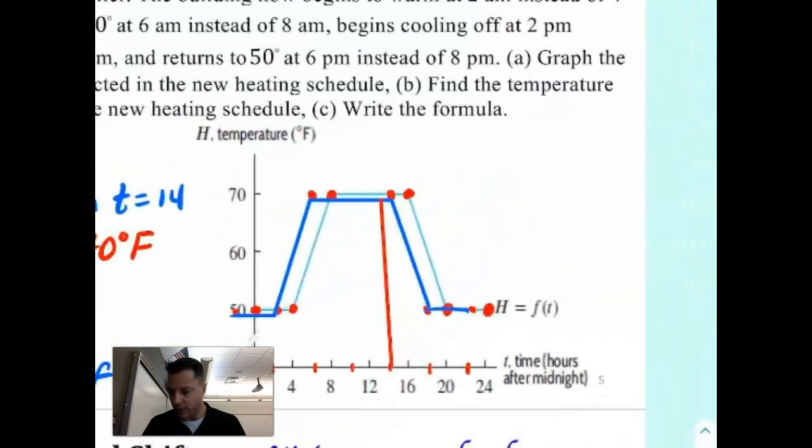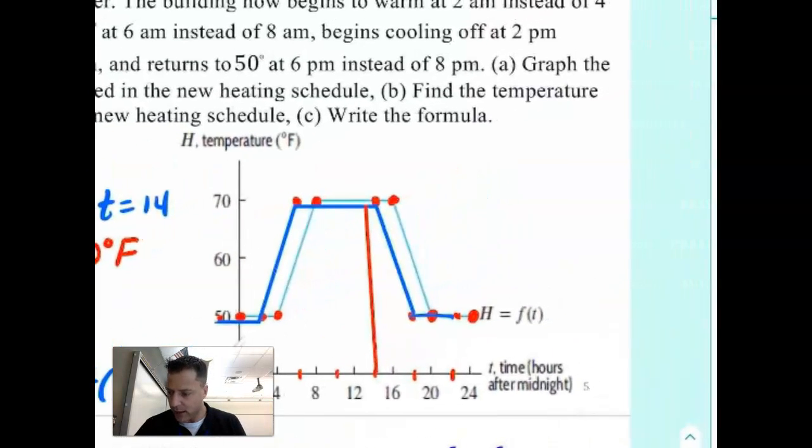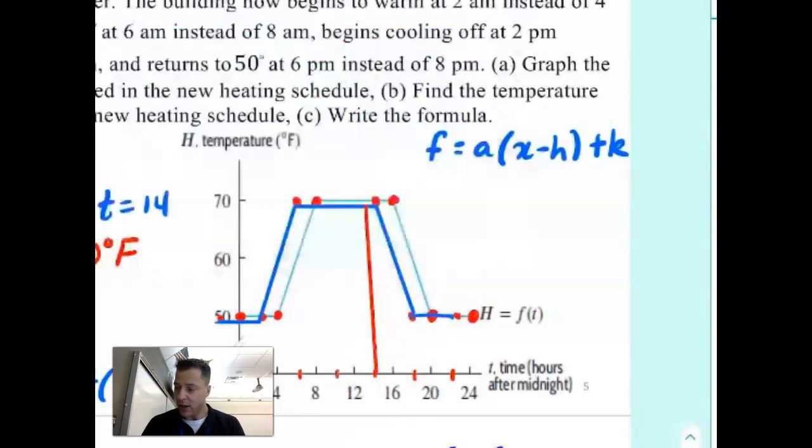Why is it plus 2? Remember, the general formula for a shift is x minus h plus k. What happened in ours is that we moved 2 left, so our h value was negative. And when you subtract a negative, 2 hours left becomes positive. So remember that. That's a trick.